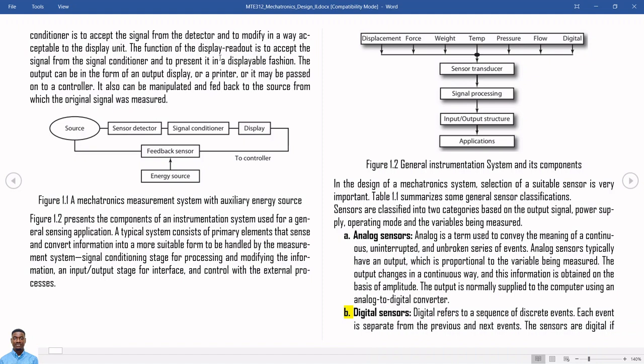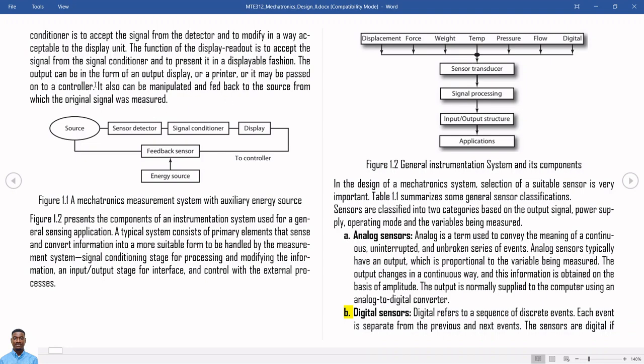The function of the display readout is to accept the signal from the signal conditioner and present it in a displayable version, so that the human observing the output can understand what is being measured.